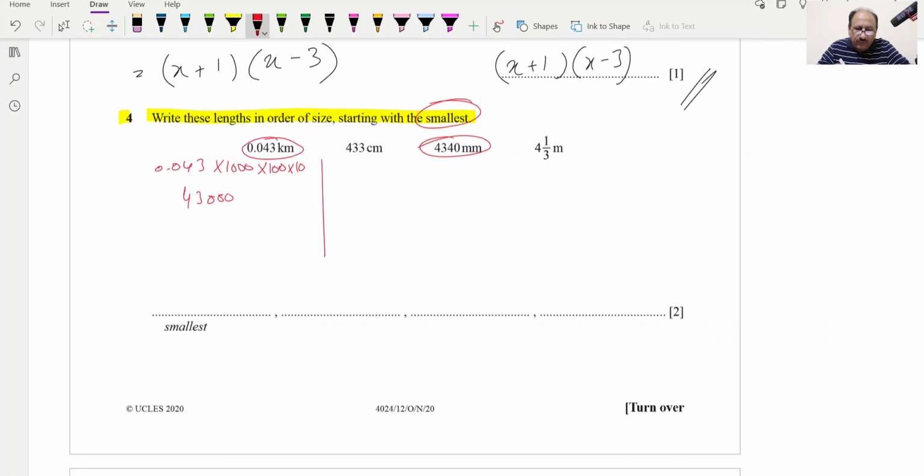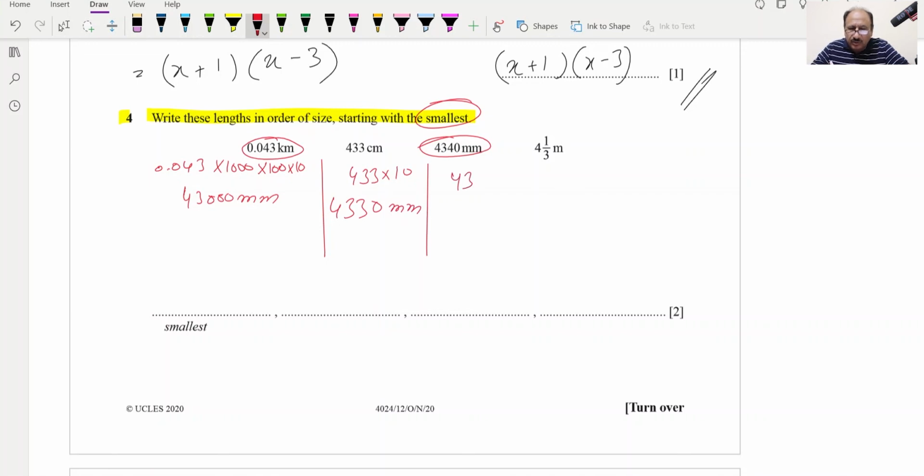Now for 433, this is in centimeters. 433 centimeters can be converted into millimeters by multiplying by 10, so this will be 4330 millimeters. This is done, and this one is already in millimeters, so I will rewrite it over here and draw a line.